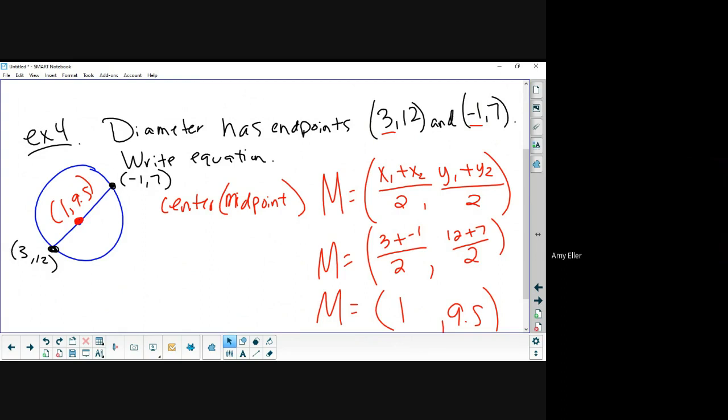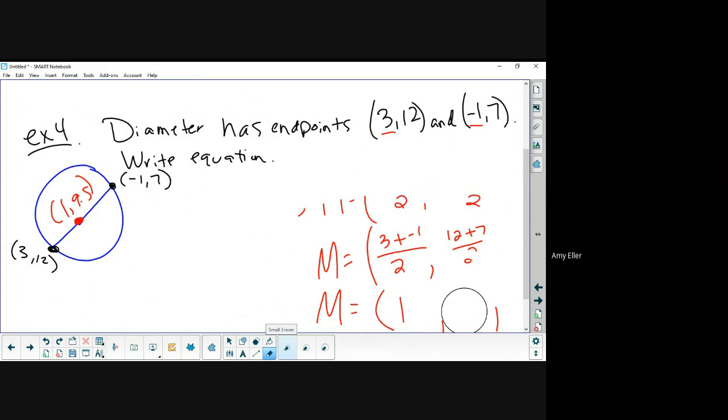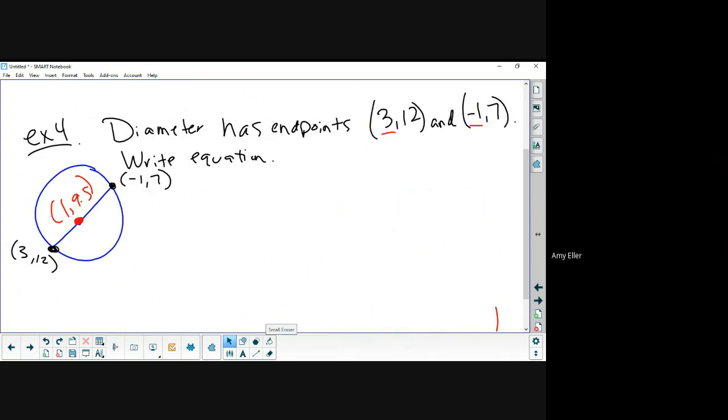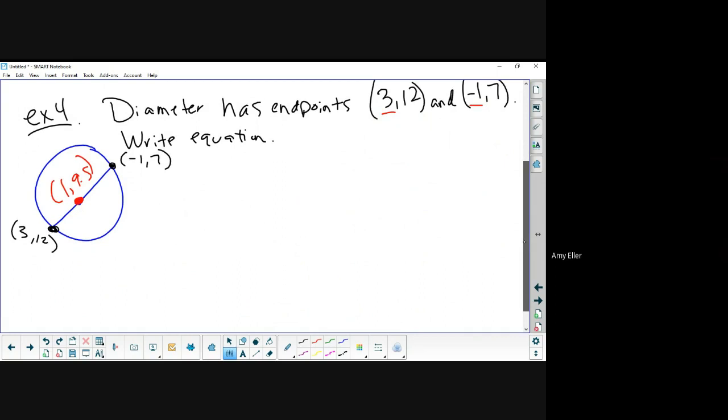I'm going to erase some stuff so I have more room. Now I need to find the radius. Does anyone have an idea on how I could find the radius? Does my picture have a radius in it?